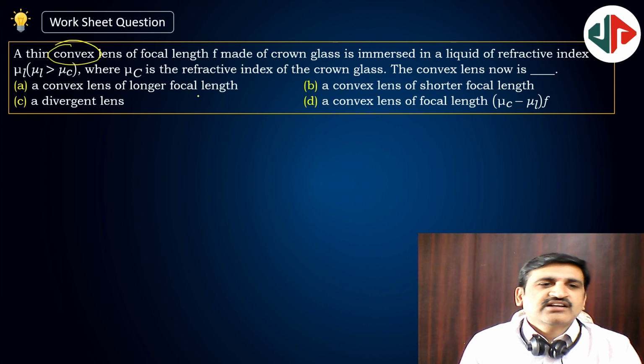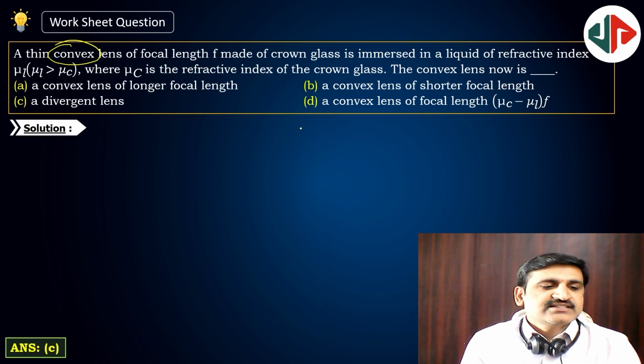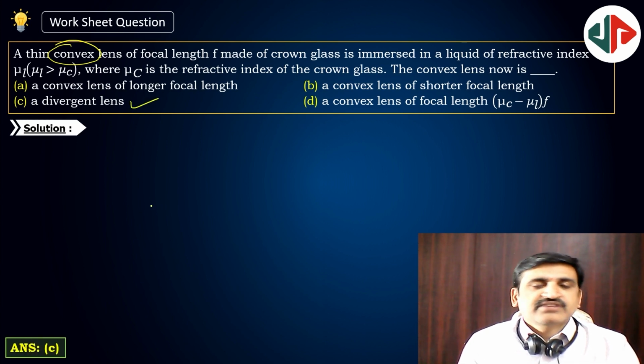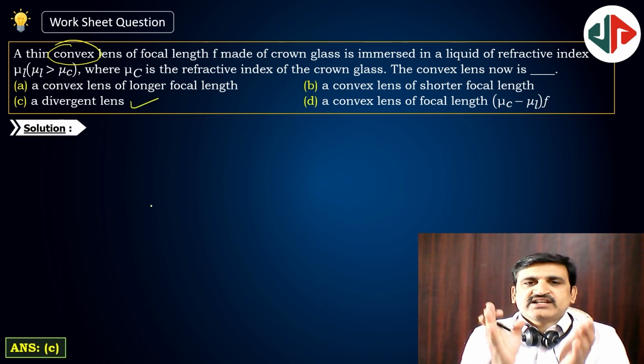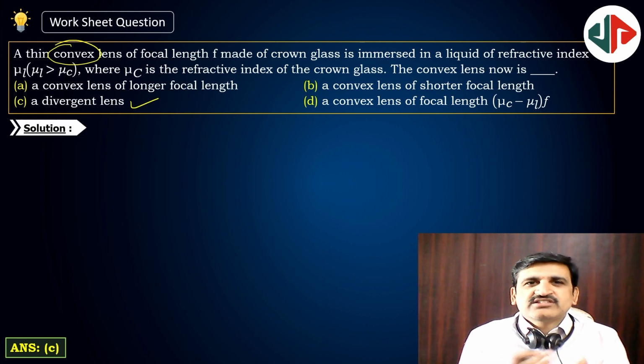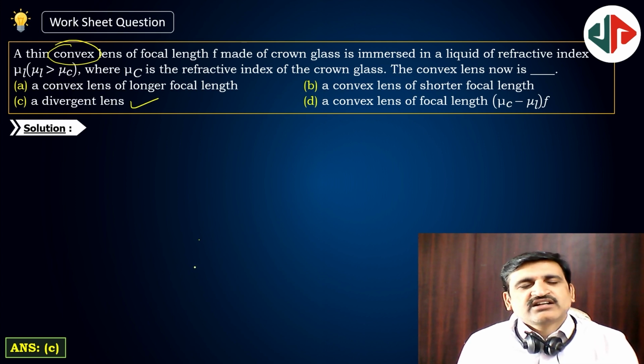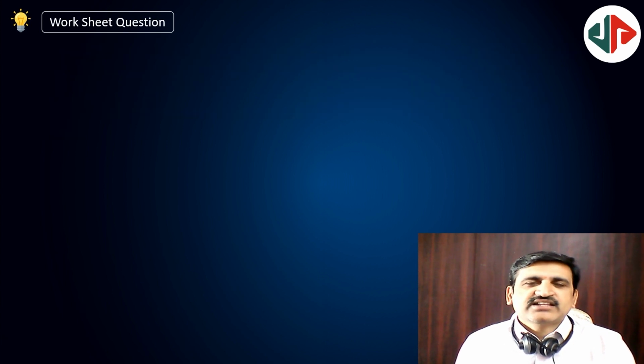Convex lens longer focal length, convex lens shorter focal length, divergent lens. So it behaves like a divergent lens. Whenever a lens is immersed in a denser medium, it behaves in the opposite sense. Convex will act as divergent, convergent lens will act as divergent, divergent lens will act as convergent.